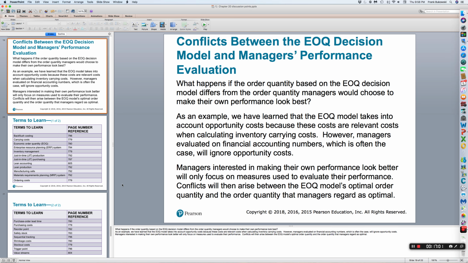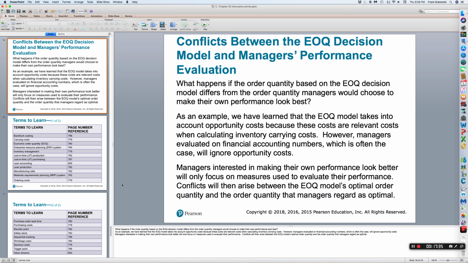One way we can get around that is to charge managers, when we look at their performance evaluation, for what those potential opportunity costs were if the manager decides to hold higher levels of inventory. If they do decide to hold those higher levels of inventory, there's going to be a cost associated with doing that. That can't be picked up just by looking at the inventory carrying costs based upon financial accounting numbers, based upon the balance sheet and the income statement.